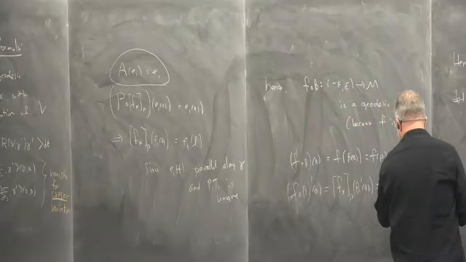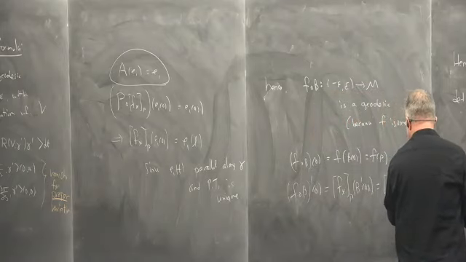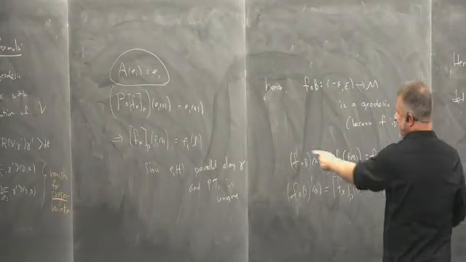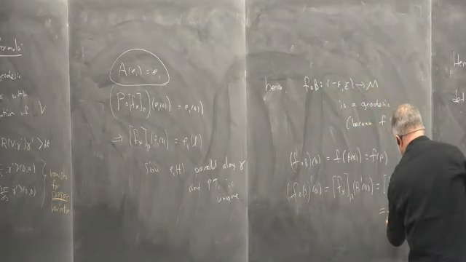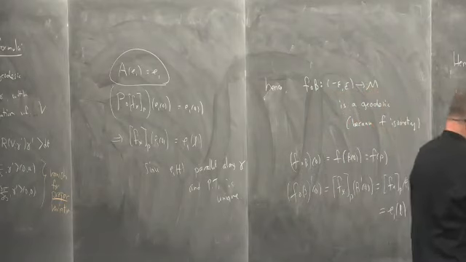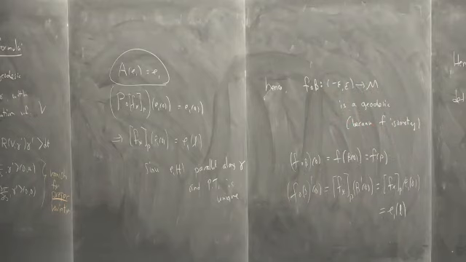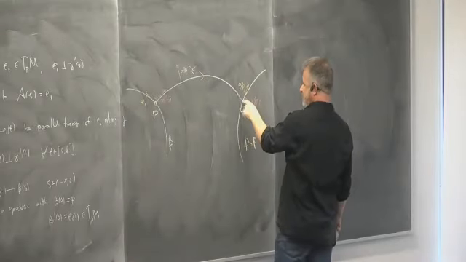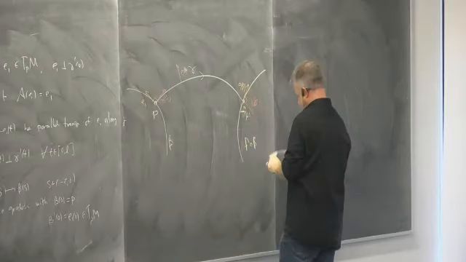That's F star P of E1 at 0. And we just proved that that's E1 at L. Okay, so I can finish the picture and say that the geodesic F composed beta passes through F of P, and it has initial velocity E1 at L.